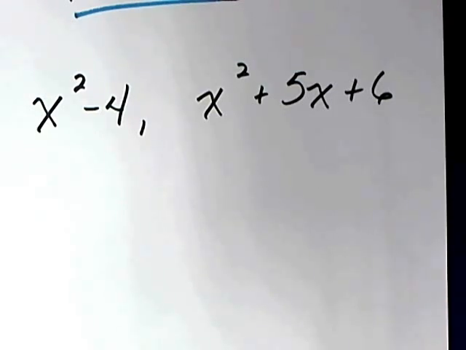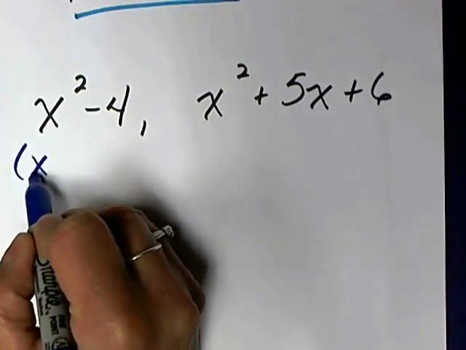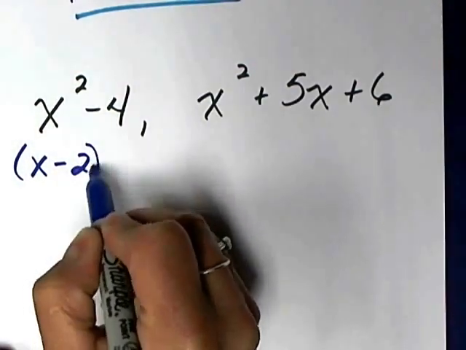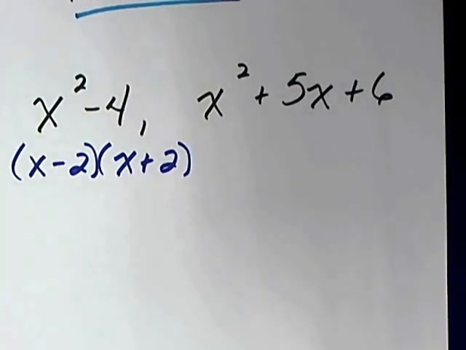So the first thing I'm going to do is factor my problems. X squared minus 4 is the difference of two perfect squares. So that factors to x minus 2 times x plus 2. The x squared plus 5x plus 6 also factors nicely.